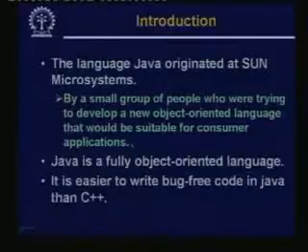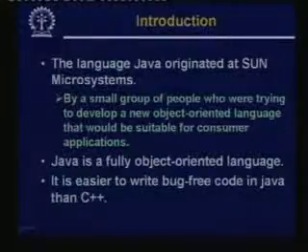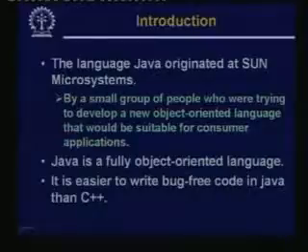They were developing very small and sophisticated instruments, games, consumer applications, appliances, where they wanted a programming language which would help them in configuring and programming such appliances in a much easier way. So, the language Java originated in the process.